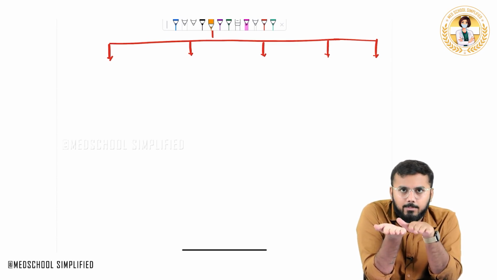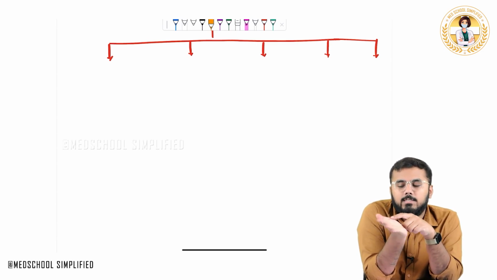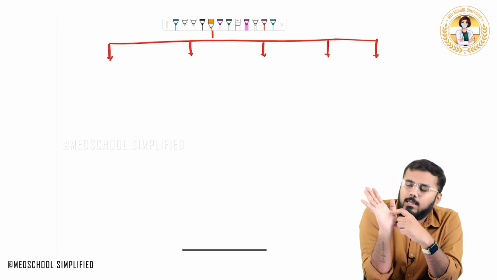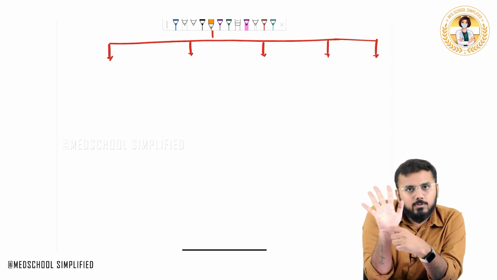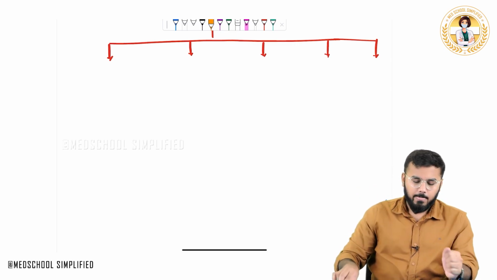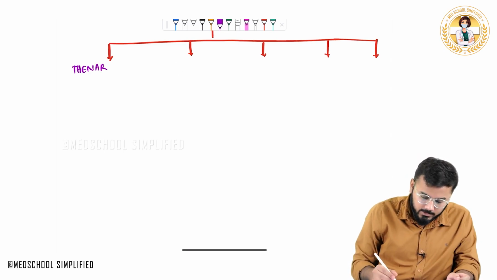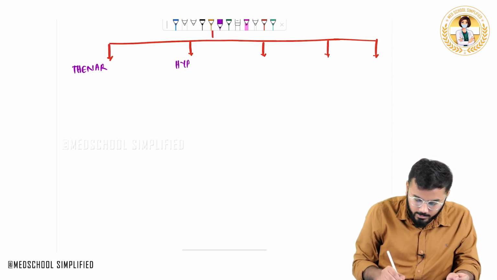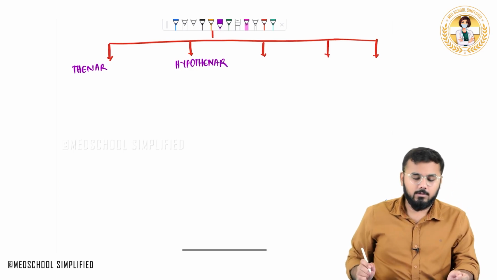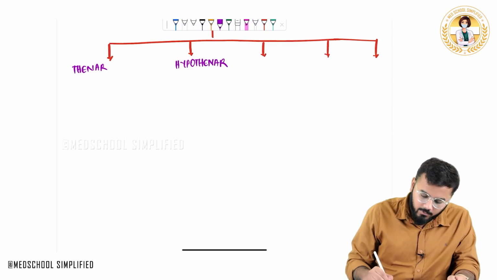This elevation is called hypothenar. So this group of muscles is called thenar muscles, whereas this group over here is called hypothenar muscles. So we have got 2 groups here: thenar muscles and hypothenar muscles.